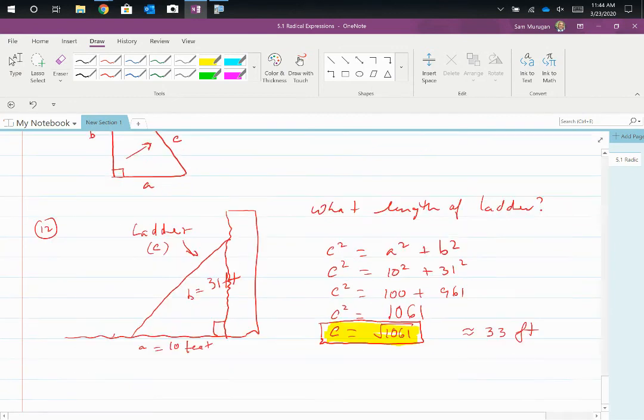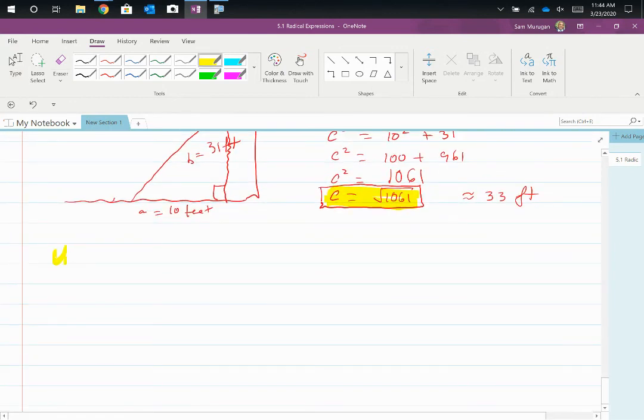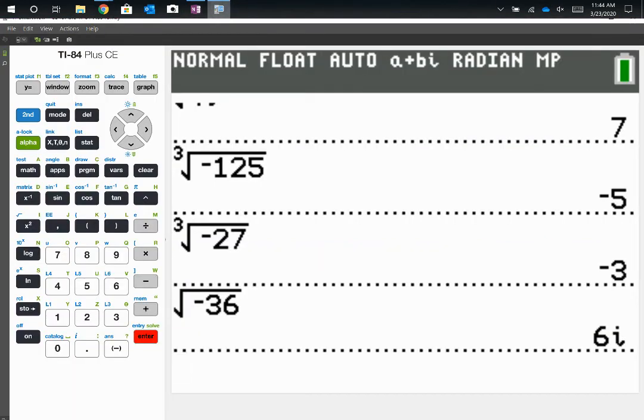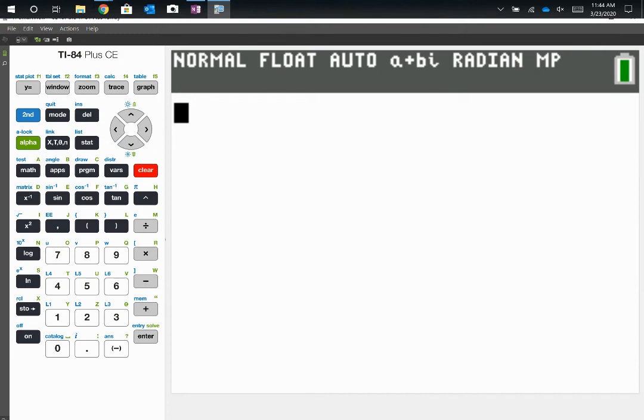And next we're going to look at using the calculator to find square roots. So the square root of 87, you would go to your calculator, press second and the x squared button.